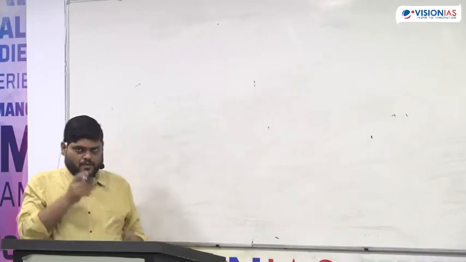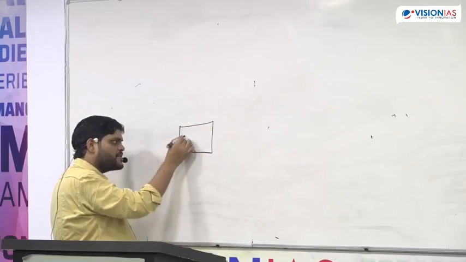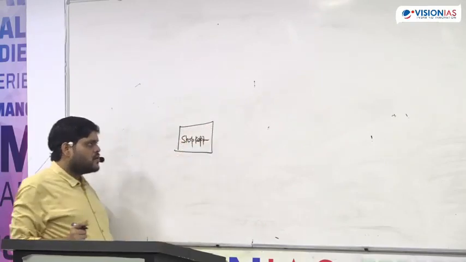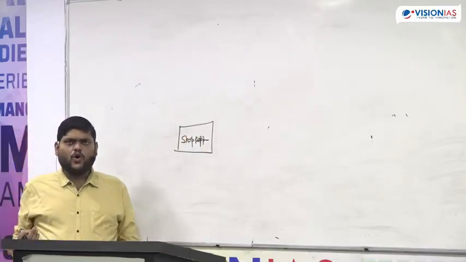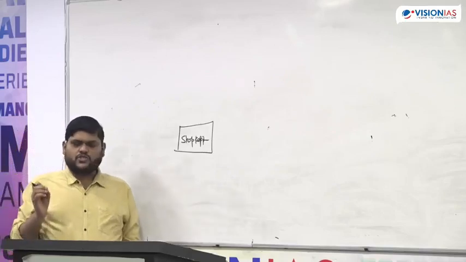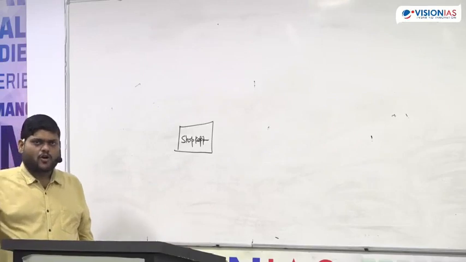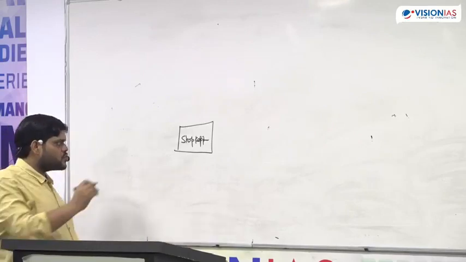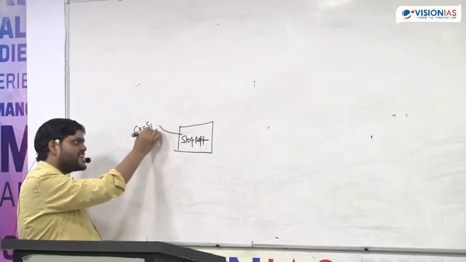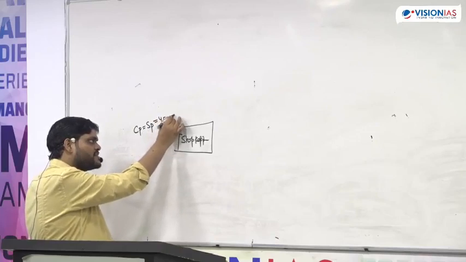See, there is a shopkeeper who is selling a bicycle at cost price itself. That means selling price and cost price are equal. So what is the selling price and cost price? He is selling the bicycle at cost price itself, and that is equal to 4,500 rupees.